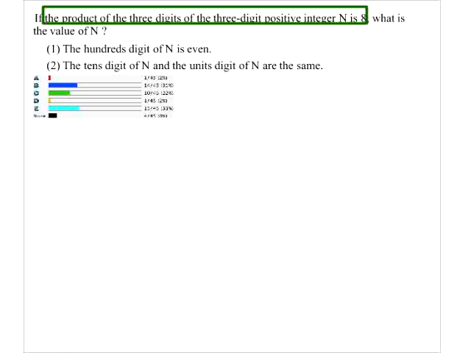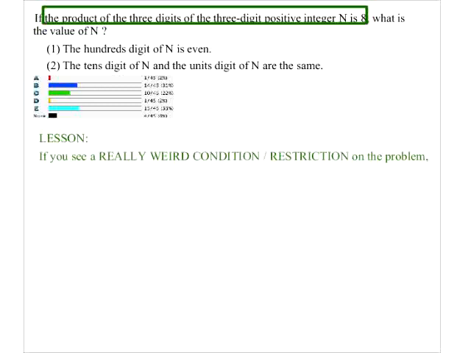So the lesson here is, if you see a really weird condition or restriction on the problem, and you can tell that there aren't many possibilities, what do you think you should do? Yeah, all you have to do is, it sucks, but you have to make a list.